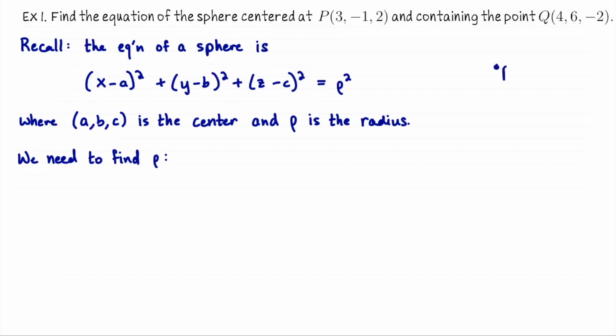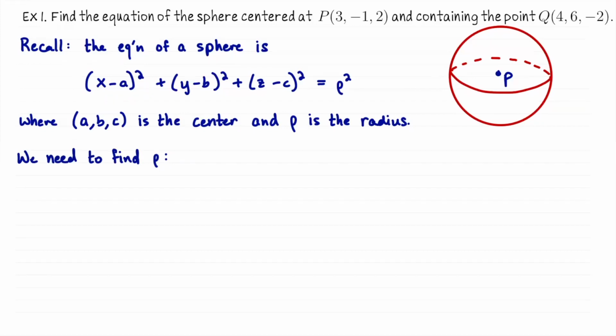Okay, let's say this is the point P, and here's our sphere. Let's say the point Q is about here.